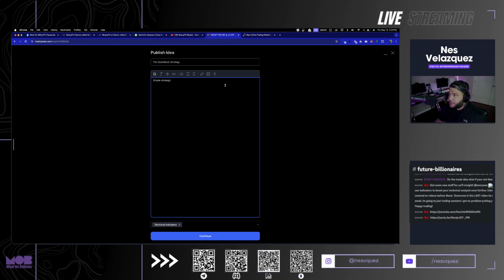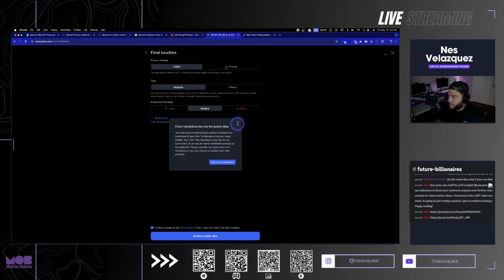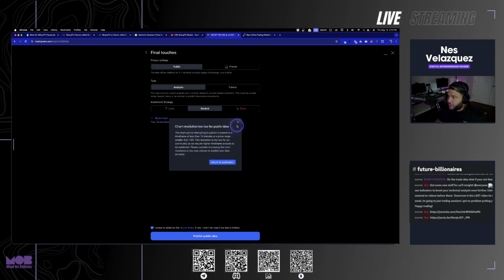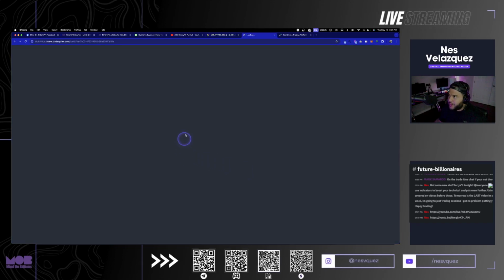Use ChatGPT for the description here, just to keep it simple for yourself. Okay, and you could set it to public, or you could set it as a private idea. So I would set it to public. Okay, chart resolution too low for public idea. That's fine. We'll keep it private. All right, publish private idea.